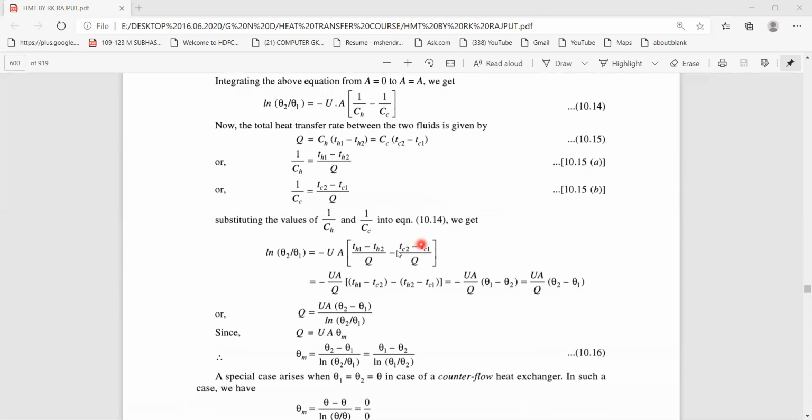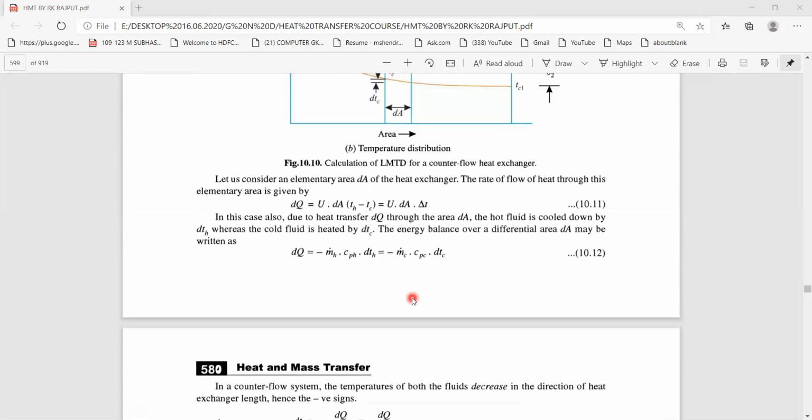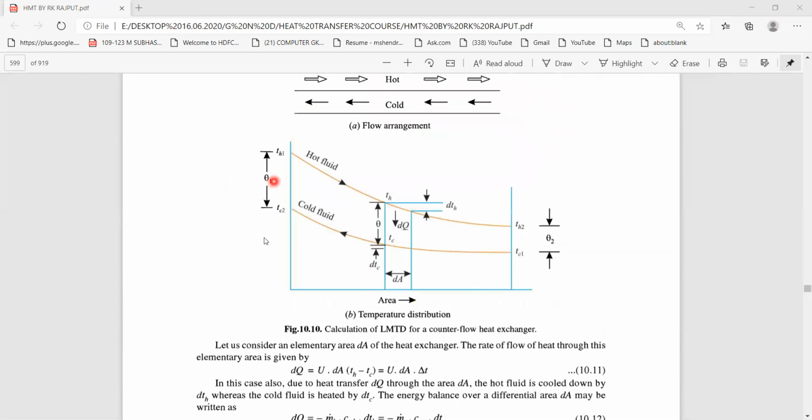Fine, upon simplification, Q is a common term here. Let's take Q outside the bracket: (Th1 minus Tc2), because we have to write this equation in terms of theta itself. If you observe the temperature distribution diagram, on the left hand side we have theta 1, which is the difference Th1 minus Tc2.